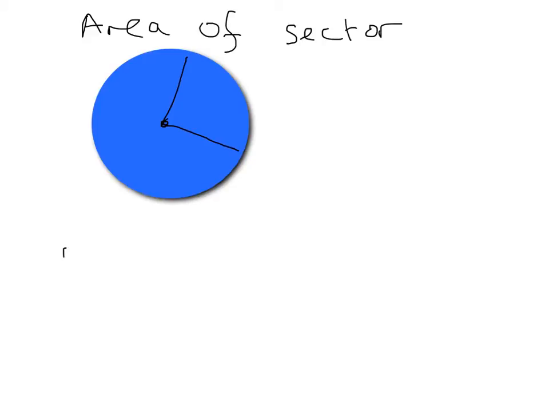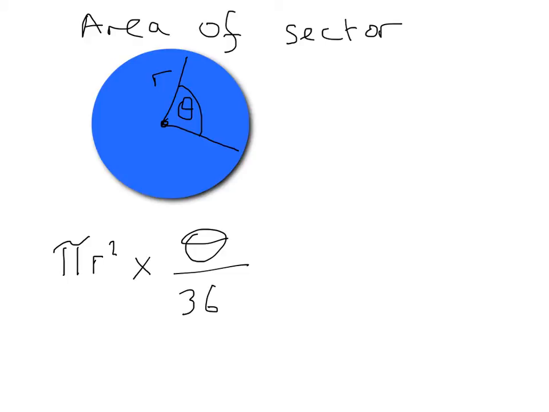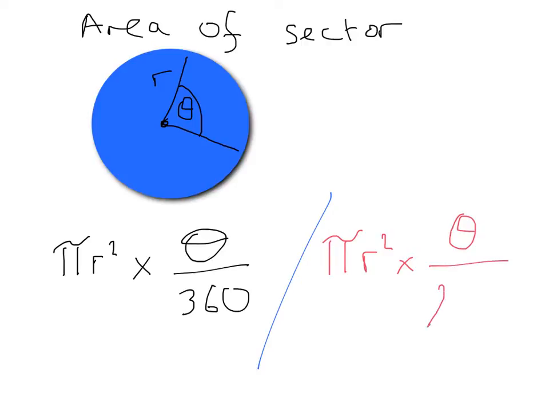You would do pi r squared and then multiply that by the fraction of the circle that you've got, which would be theta over 360. So that's in degrees. Radians though, you're going to do the same idea. Let's go in red. Pi r squared times theta out of the whole circle. Now remember, the whole circle now is 2 pi.